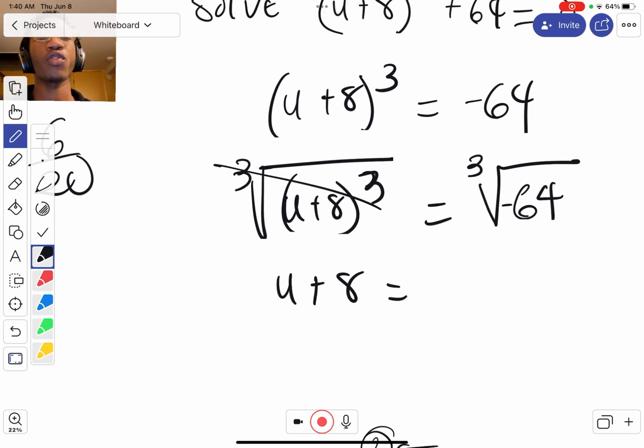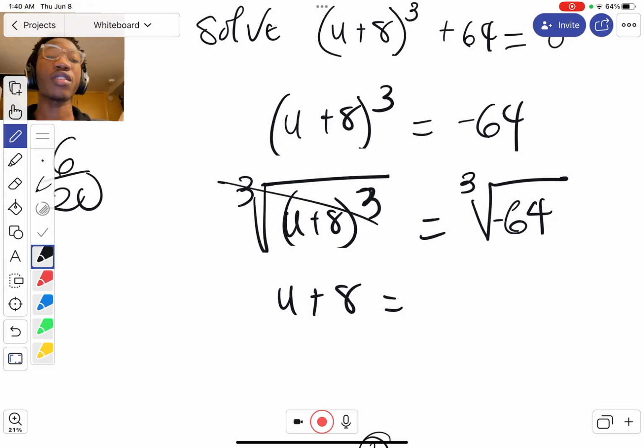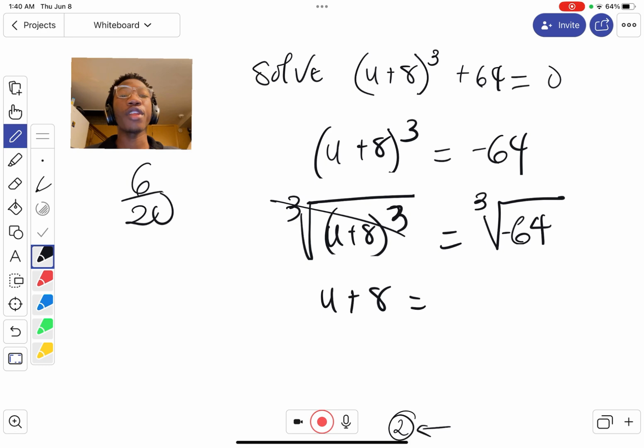Getting the cube root of negative 64 is not complicated, but it needs some extra steps. The correct way to find the number is by asking yourself a question: which number multiplied by itself 3 times will give me negative 64?